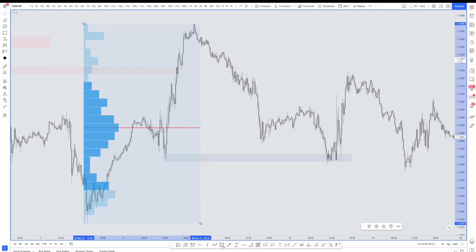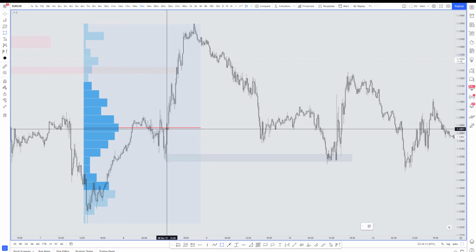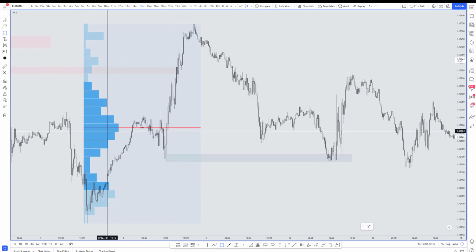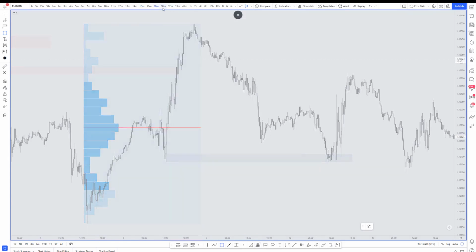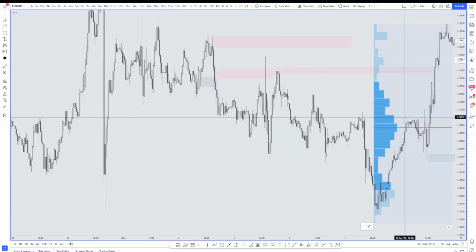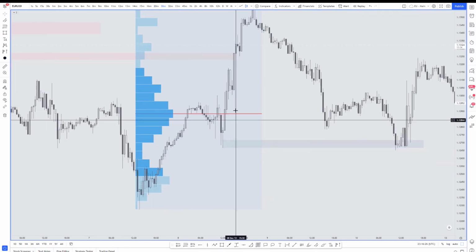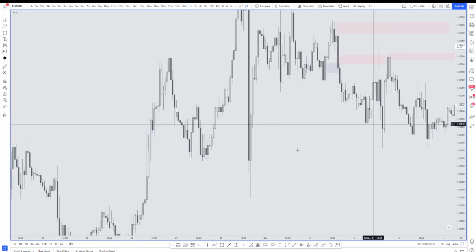Now, what you can notice about these areas that have spikes is a lot of the times any of the POIs you pull, and even if it's not from here, let's see if we can find another. There'll be something here on another time frame. Maybe not.